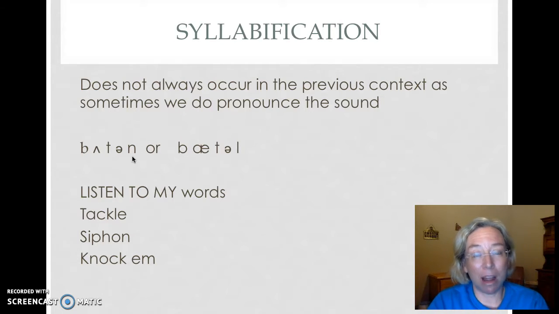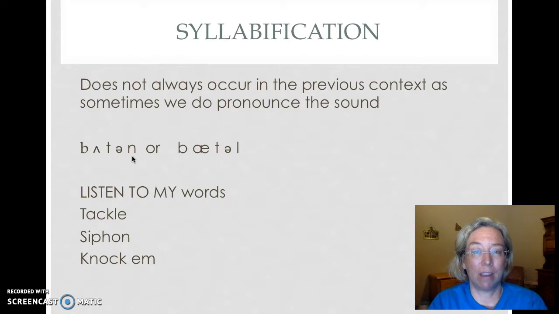In this example, I'm going to try to say it quickly and produce a syllabification. Siphon. So I hope you could hear that difference. When I really say siphon, that should have, in that case, a caret.